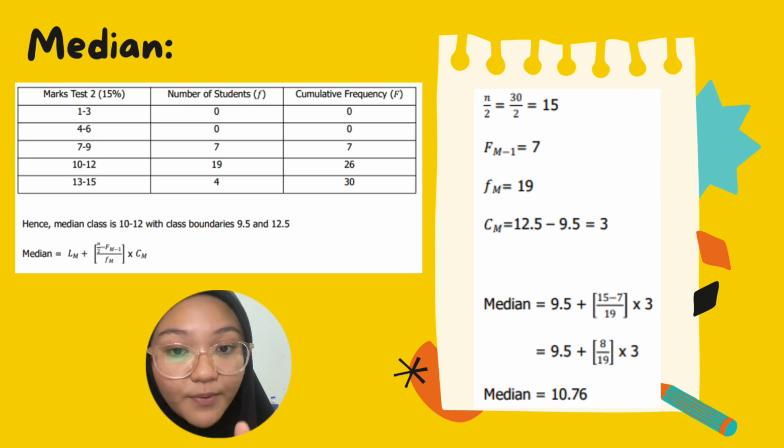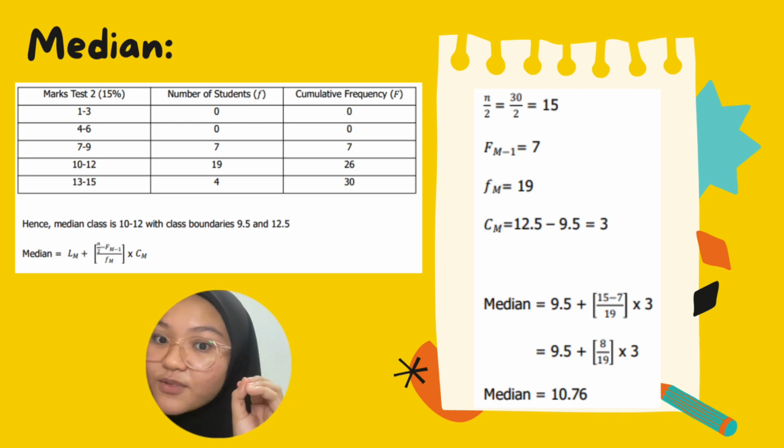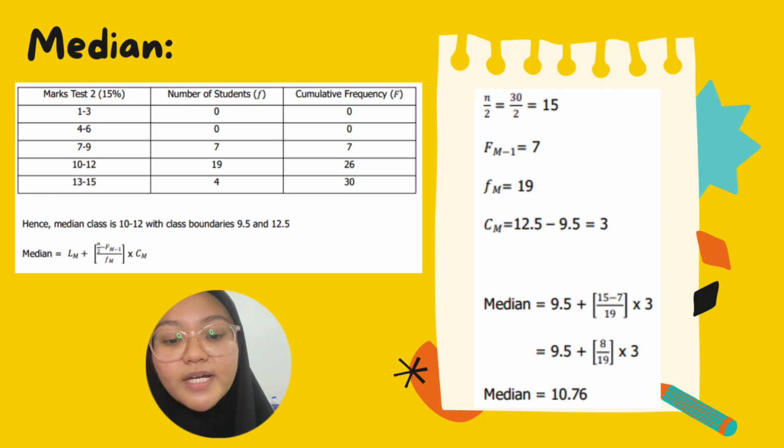And then we close the bracket, and multiply it with the class width. As you can see from the calculation that we have done, 9.5 plus, in the bracket, 8 over 19, close the bracket, times the class width, which is 3, and that gives us the median of 10.76.